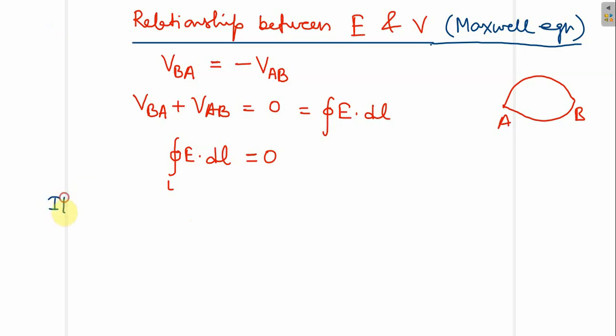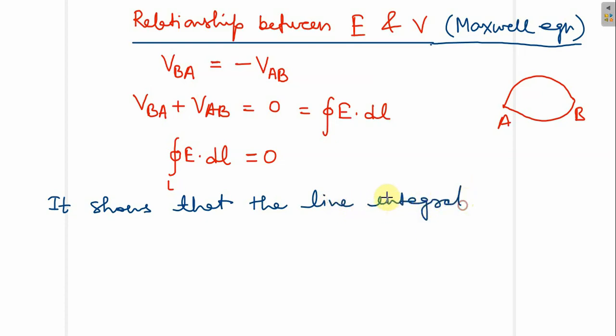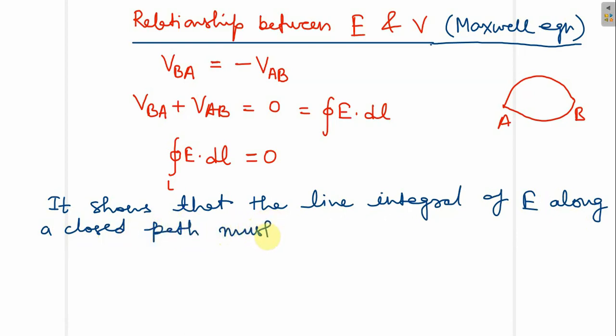It shows that the line integral of E along a closed path must be 0. So what does it mean?